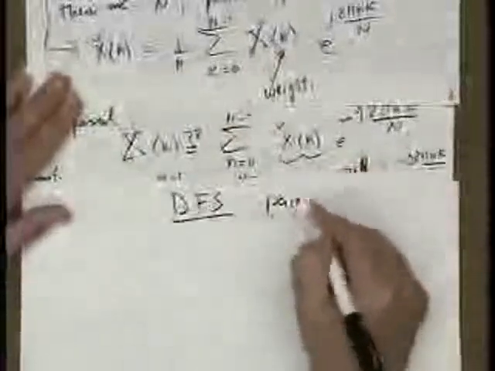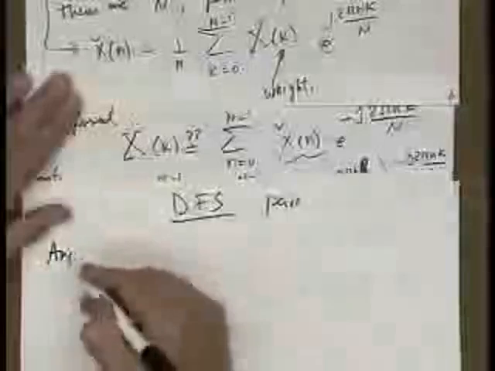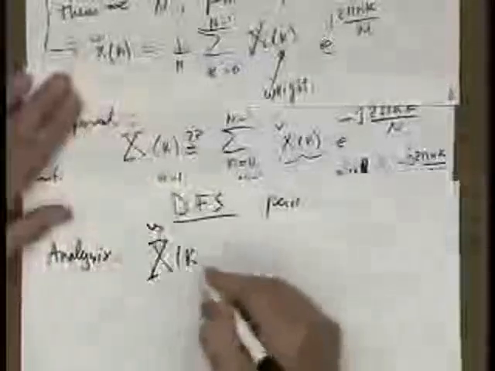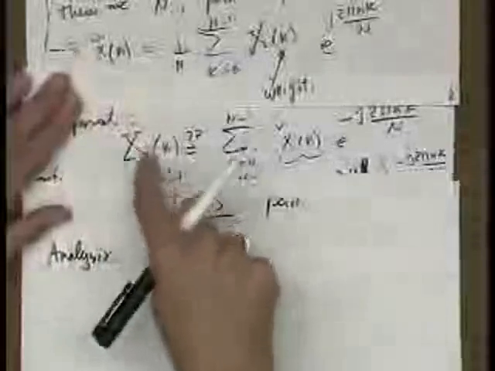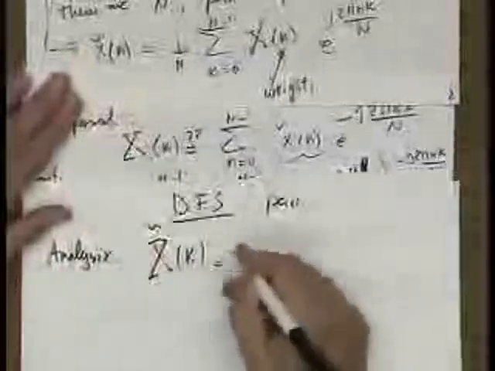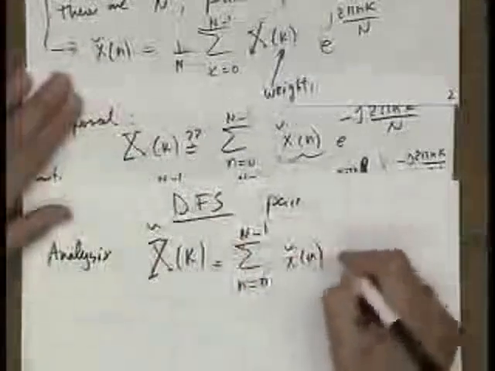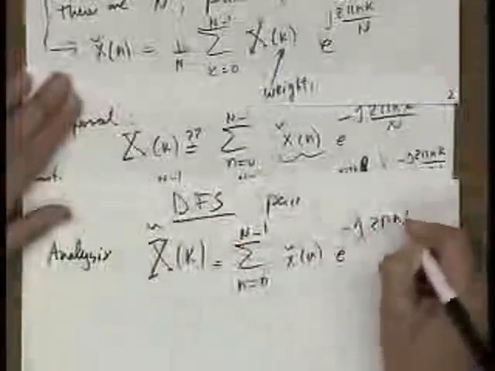So from these two things, what I can conclude is the Fourier series pair. The analysis part: remember we just showed x of k is periodic, so I'm going to write x tilde of k is the summation from n equals 0 to n minus 1 of x tilde of n e to the minus j 2 pi n k over n.